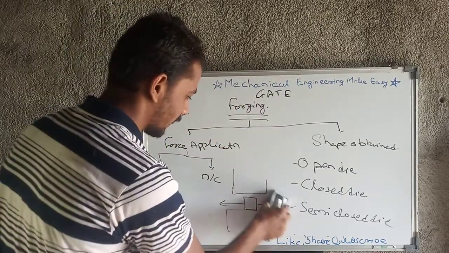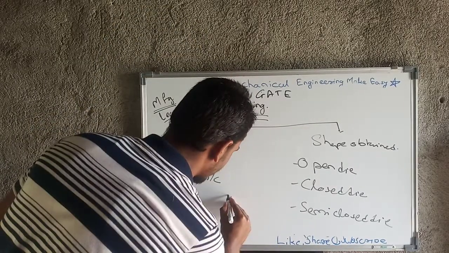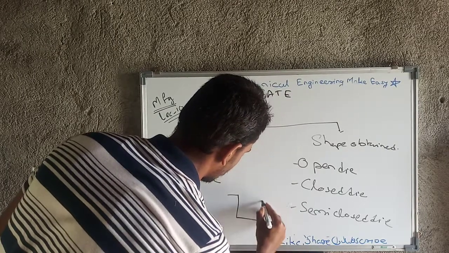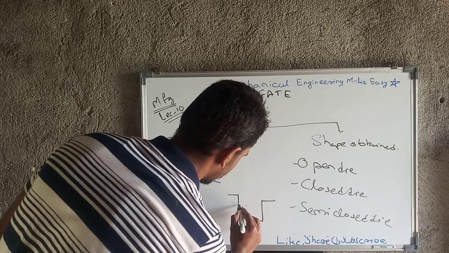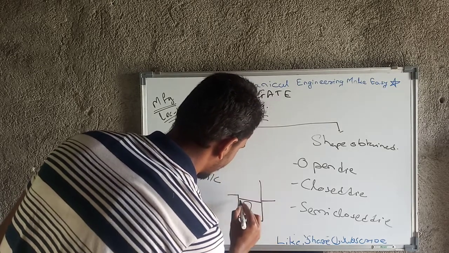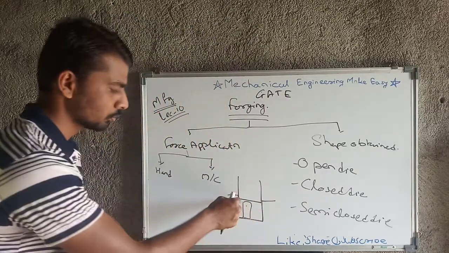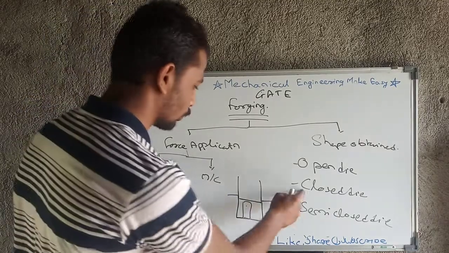And if we have constraints here, like here is the material and the upper die comes directly here, then the material can't move out of the cavity. So this is closed die.